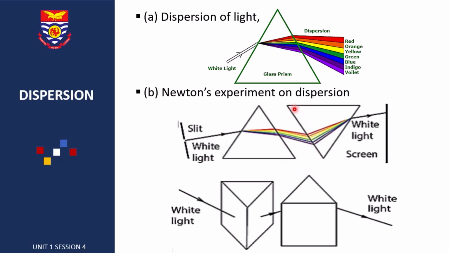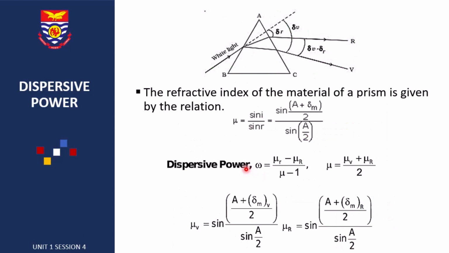But this time around, we have another prism here, which is turned or inverted to collect all the dispersed light. And interestingly, we had our white light back here on a screen. And this one is a 2D, and this one is a 3D for you to see well how it looks like.